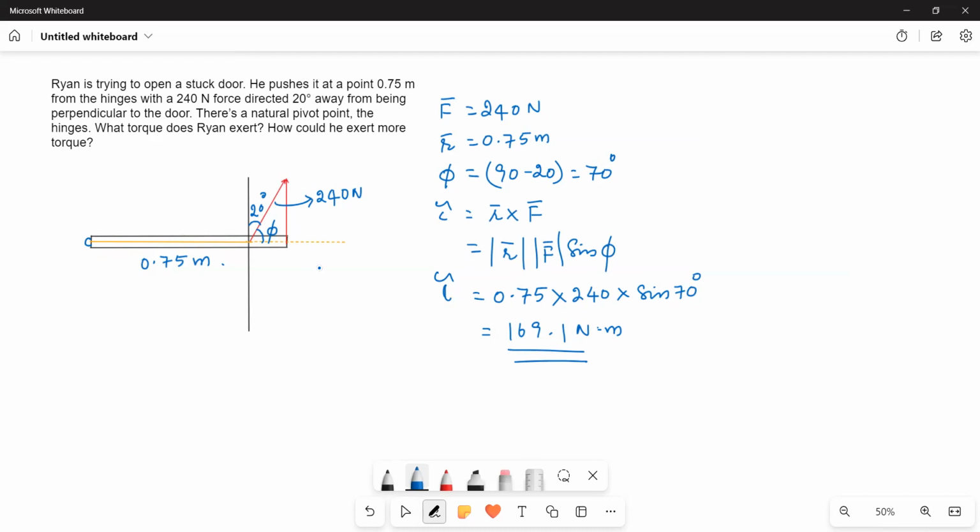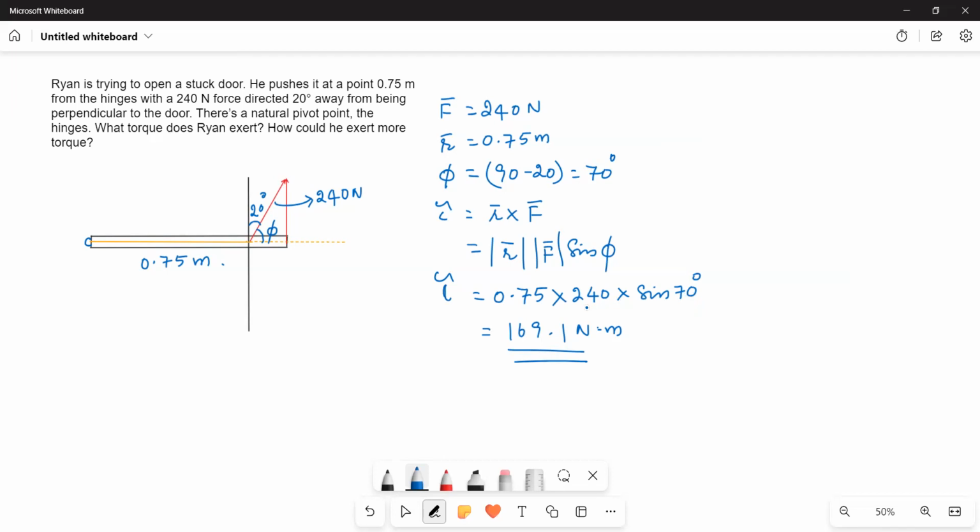Then he can try to open the door moving a bit away from the hinge. That means increasing R. Instead of 0.75, if he is able to increase R, then the torque will be more.